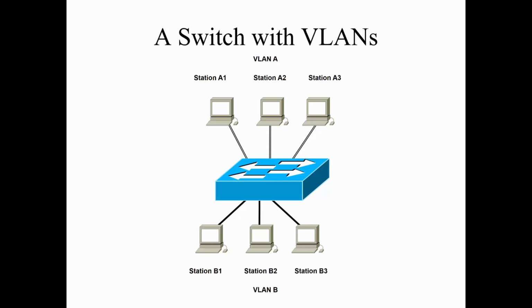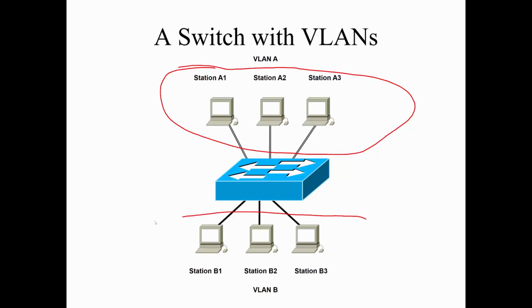Here, we could actually have one switch and map it so that these happen to be for VLAN A and these happen to be for VLAN B, and they're programmed per port. So they're all part of VLAN B's ports.